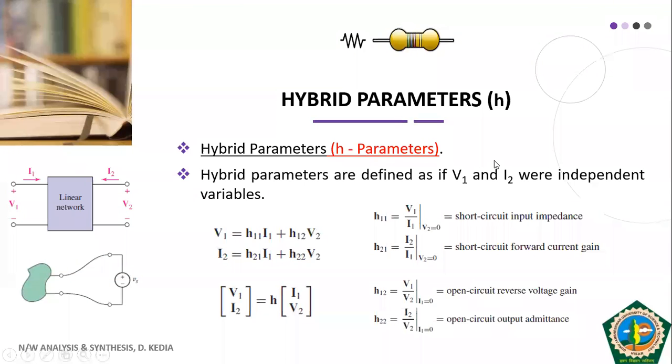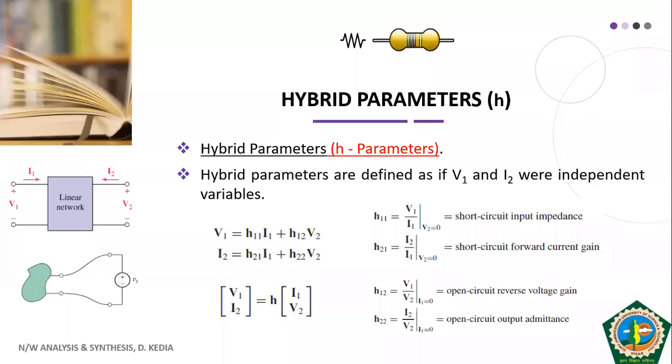So H parameters means hybrid parameters. Students, if you remember, we have talked about admittance parameters, that is Y parameter, where all the four parameters were representing admittance. Similarly, in the impedance parameters, all the four parameters were representing impedance.